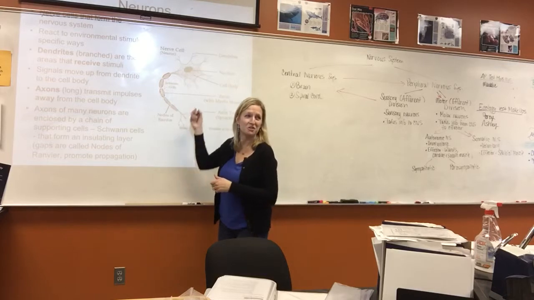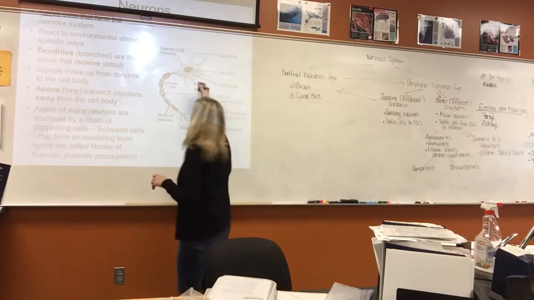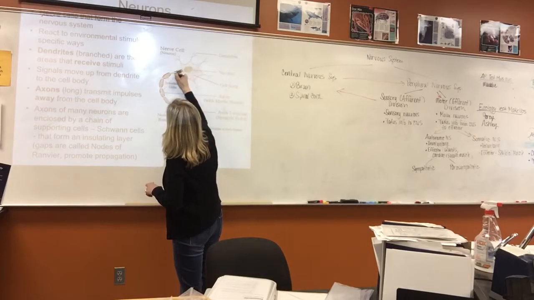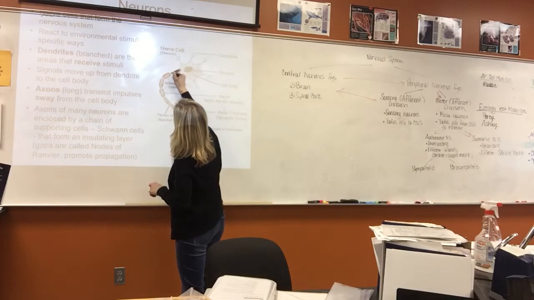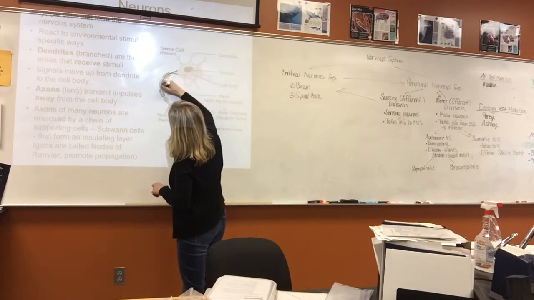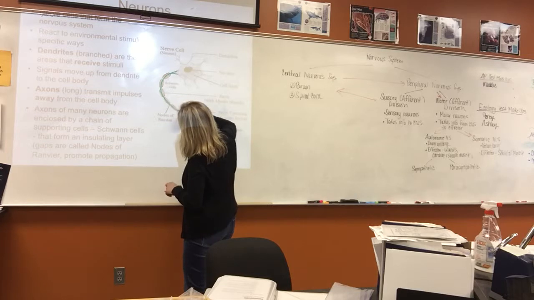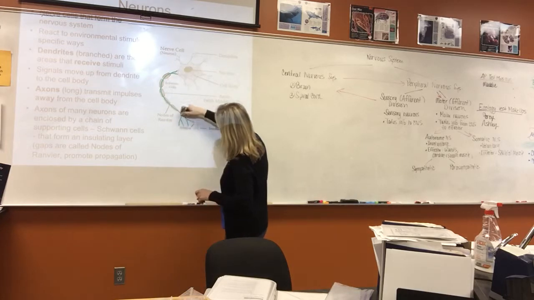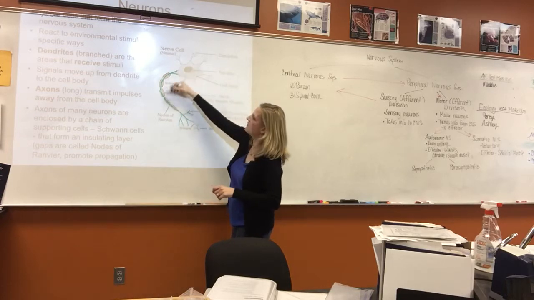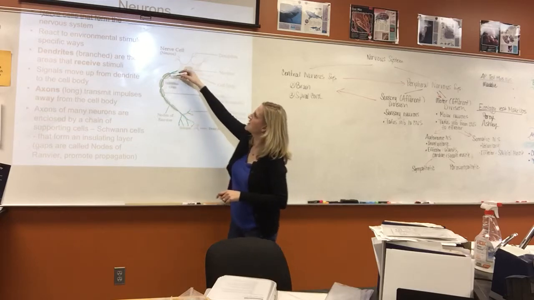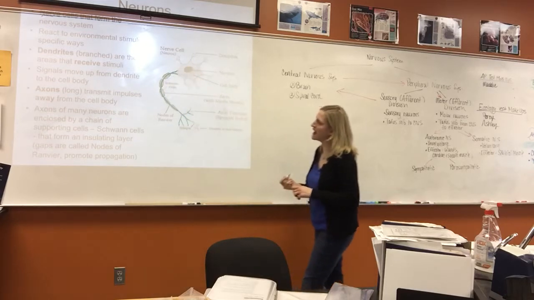You guys having fun saying Schwann? I hear some people. So this axon, which was part of the cell body and then comes over, goes right down the center of the Schwann cells. And so the axon is there.